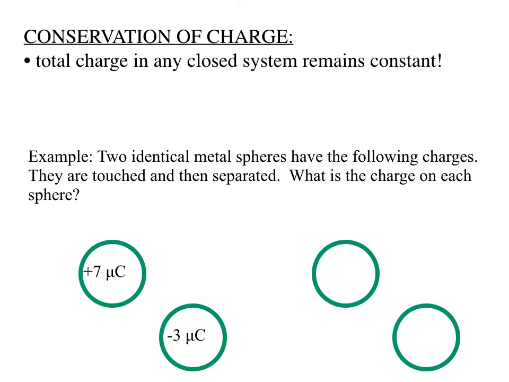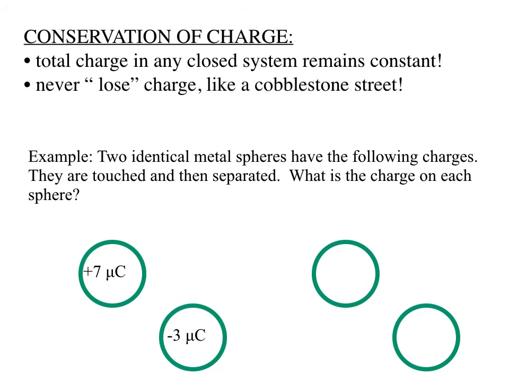And what conservation of charge is, you've had a few conservations like conservation of energy and conservation of momentum. Conservation of charge means that whatever the total charge is in the system, and our system right now is just these two objects, the total charge remains the same. And if you look, my total charge between positive 7 and negative 3 should be positive 4. Okay?